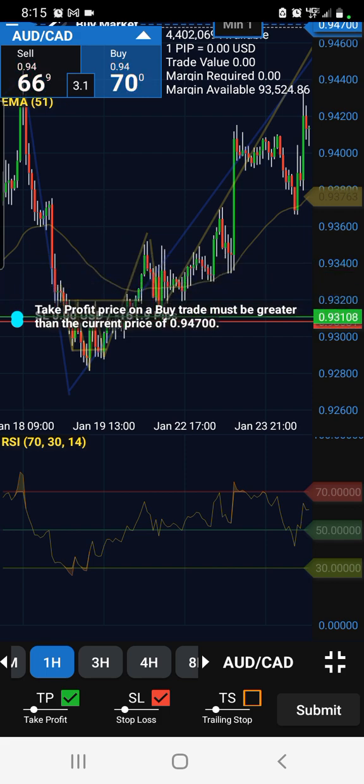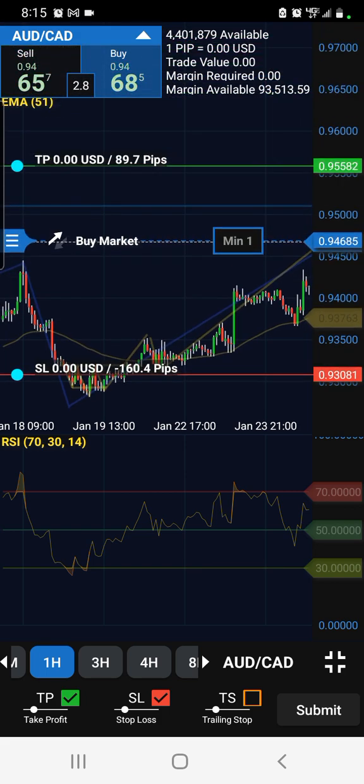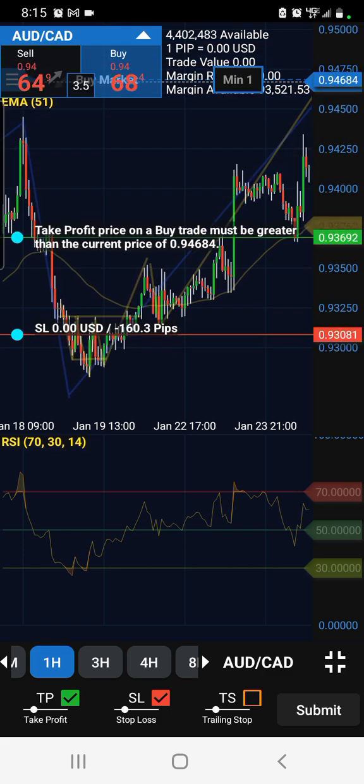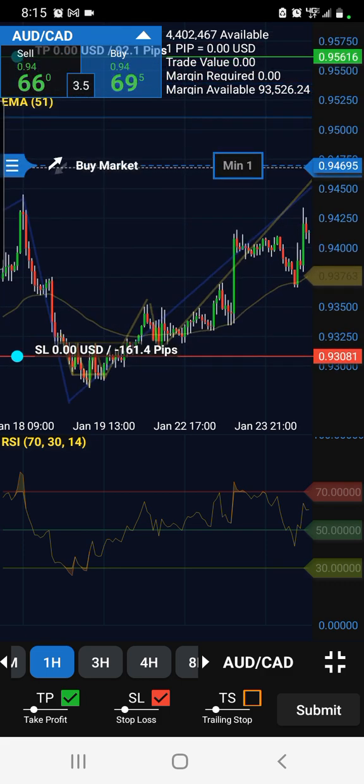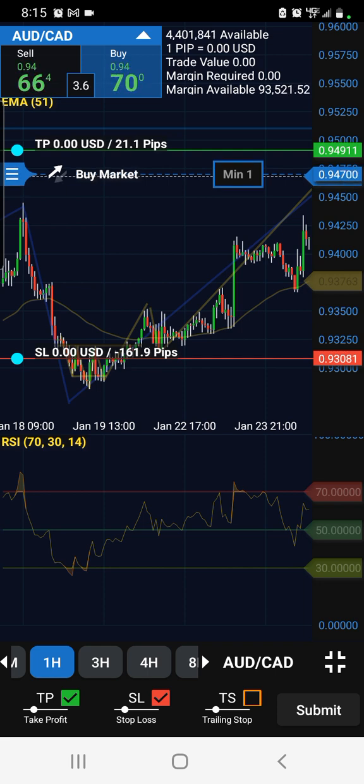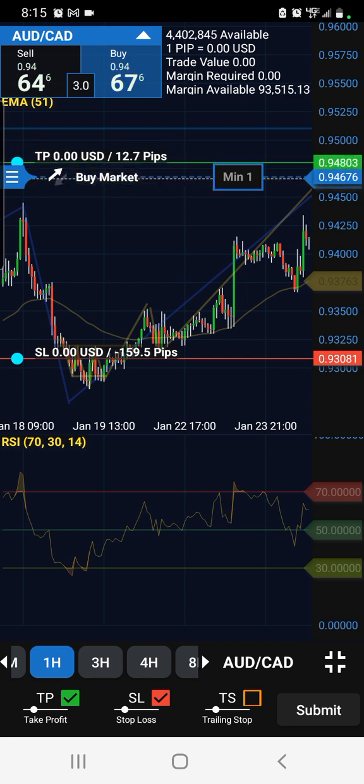on a buy trade must be greater. I can't really tell. I don't know how to do all of the calculations on that yet, but wherever 320 pips is from that 160 pips down there, that's where my take profit would have been set. Let me see, how would I calculate that?